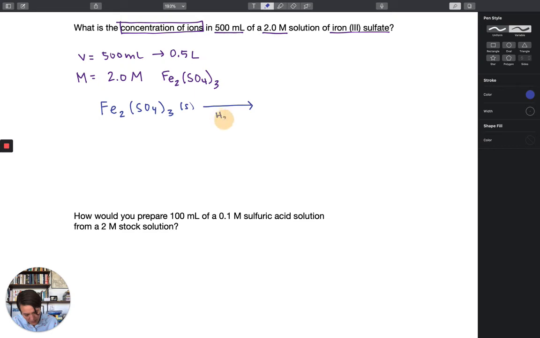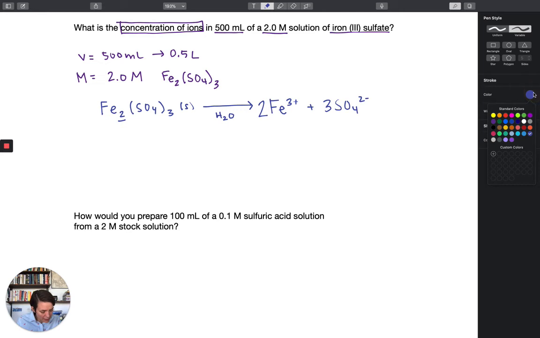Sometimes we'll write H2O under the reaction arrow to show what's changed in that chemical reaction. It's going to iron, that's 3 plus, and I have 2 moles from my subscript, plus 3 SO4, which is a 2 minus ion. So that is what's actually happening when my species is going into water.